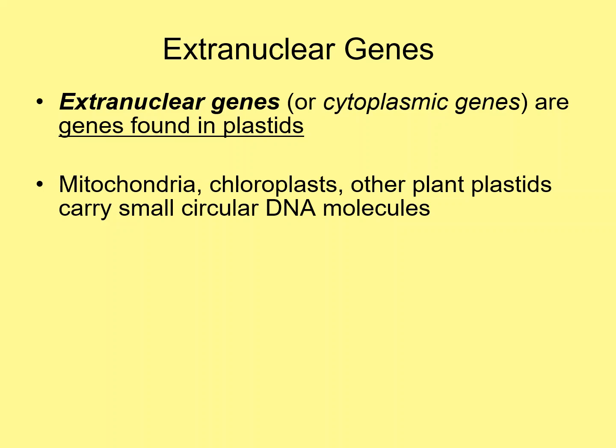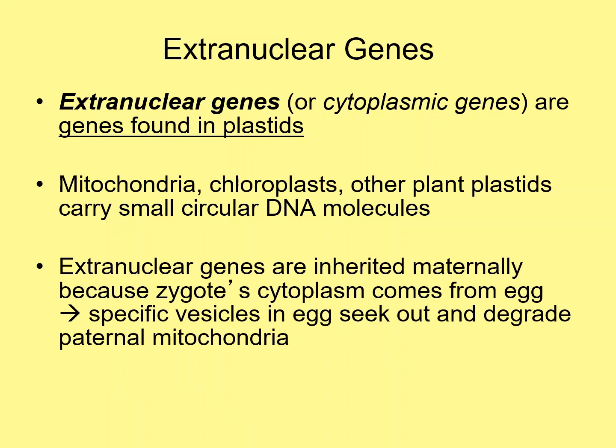But what we don't have are the instructions on how to make more mitochondria. So if we lose our mitochondria, our cells have no ability to make any more, and they die fairly quickly without that massive ability to convert glucose to ATP using cellular respiration, right? So we refer to these as our extranuclear genes.